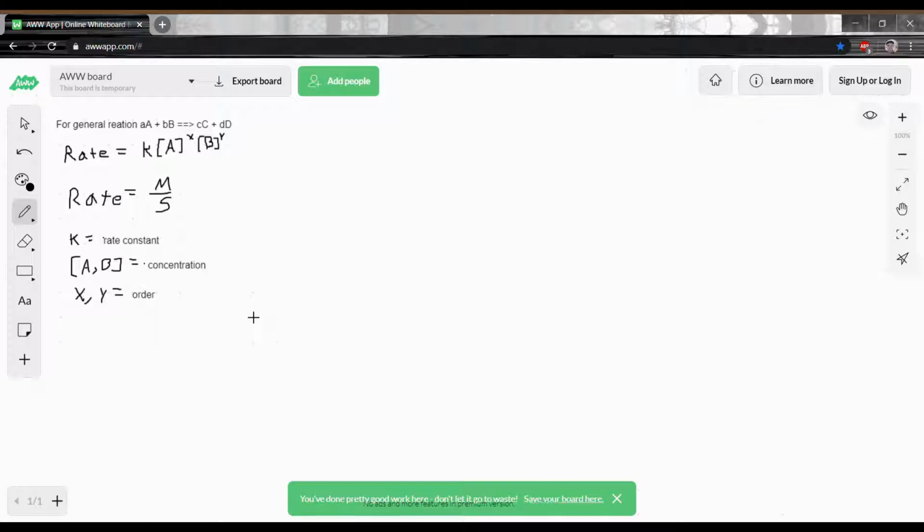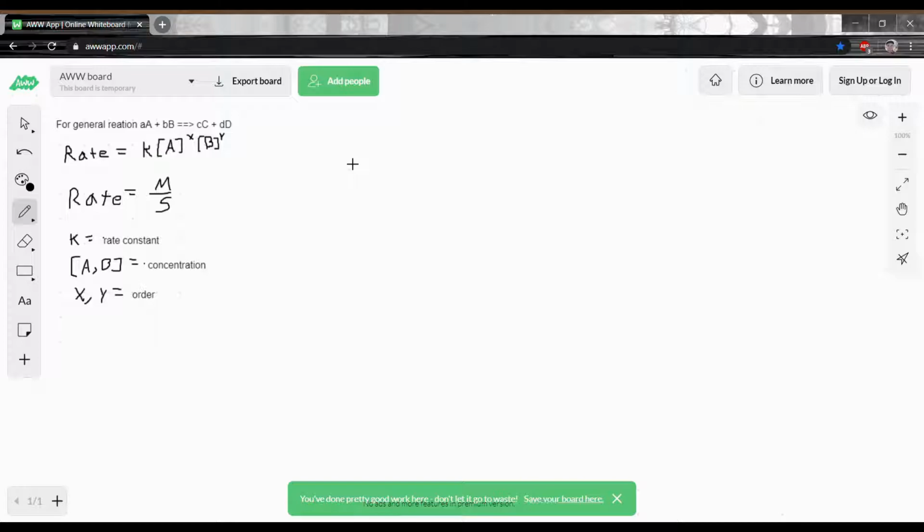We are given the equation 2H2 plus 2NO reacts to form 2H2O plus N2, and we are told that the order of the reactant H2 is first order.